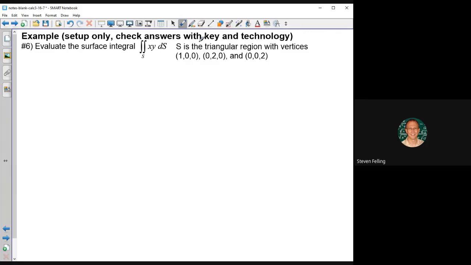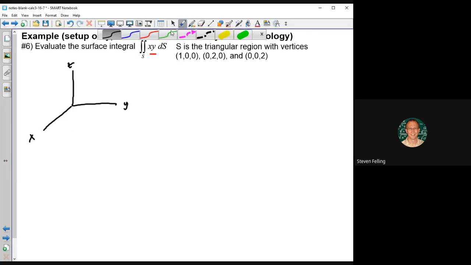Okay, let's say we want to evaluate this surface integral of xy over a surface where the surface is the triangular region with these three vertices, okay? This is a scalar, so we're going to be doing a scalar surface integral here. So let me make a sketch first to see what's going on. We've got a triangular region.